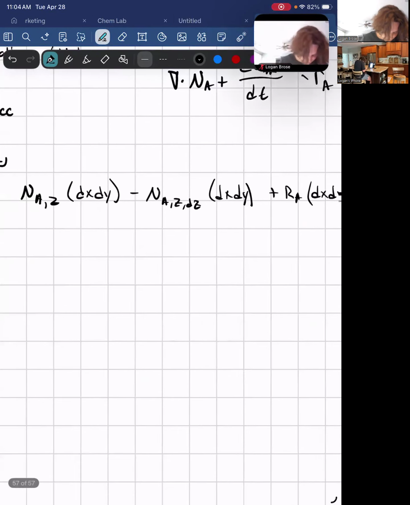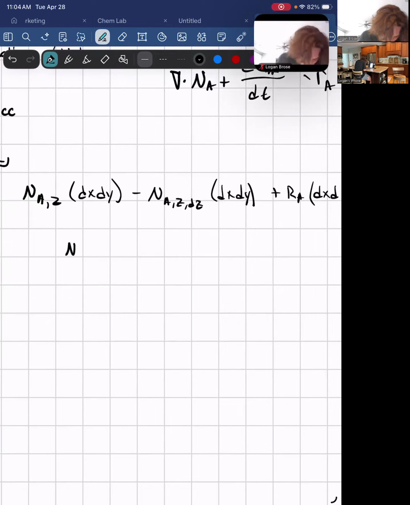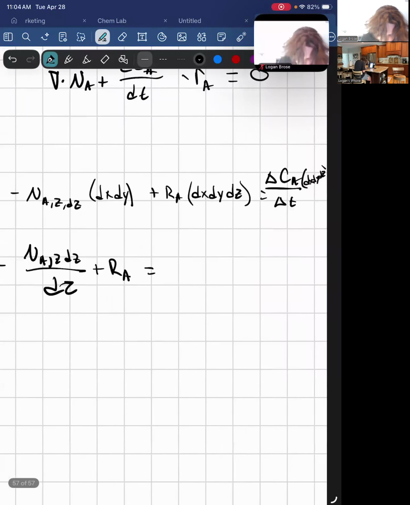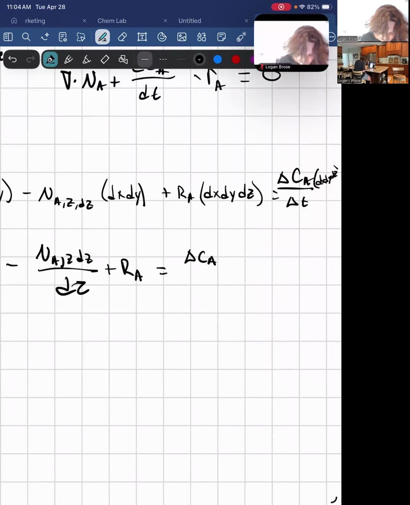sides, right? So that leaves us with NA z over dz minus NA z+dz over dz plus our RA equals our delta CA delta T, right?